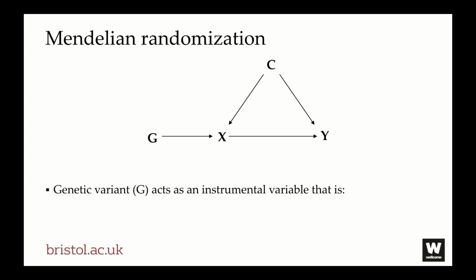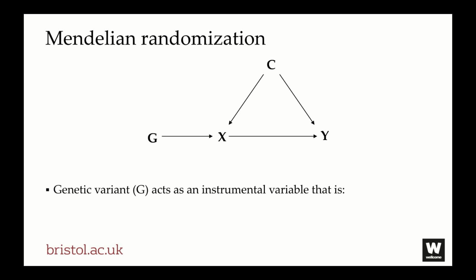The word instrumental variable comes from econometrics, which is where this method arises from. You see the words instrument, instrumental variable, or genetic variant used interchangeably in the literature. So we can use a genetic variant as an instrument to proxy for our exposure of interest.